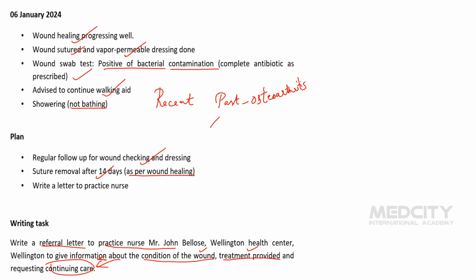So I would personally prefer this organization, because in this case you are telling the entire story, all what has happened, and then you will have to mention that this patient already has osteoarthritis and she has been using walking stick. I wouldn't say it as incorrect, but a better choice would be starting with this background of osteoarthritis.